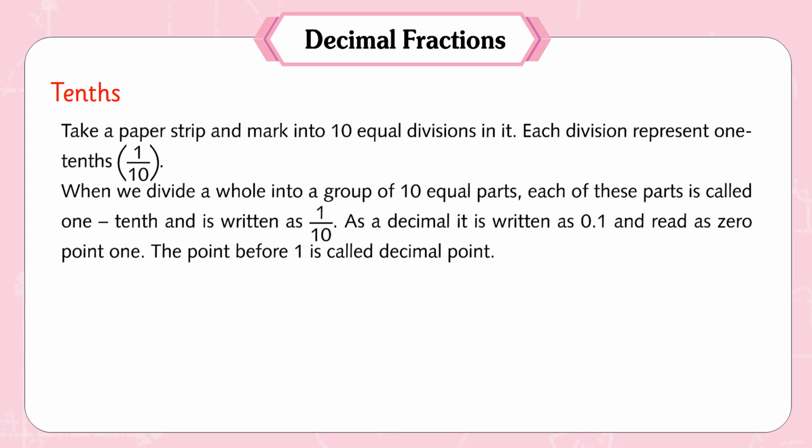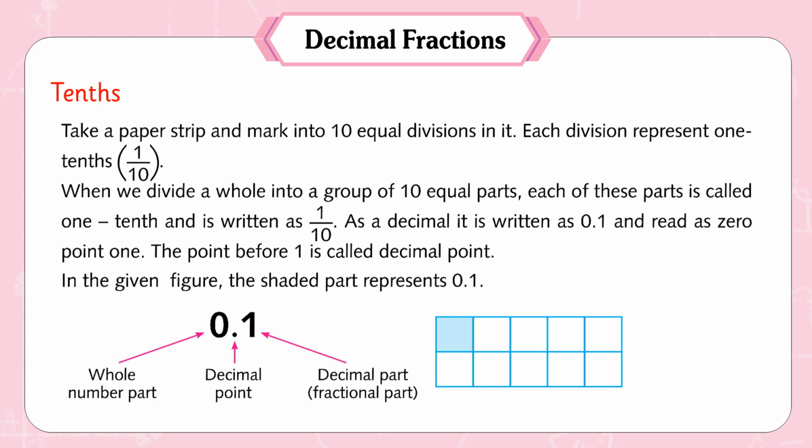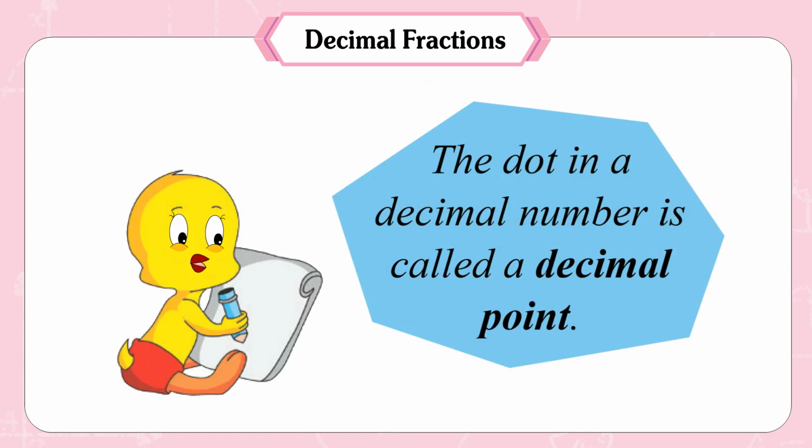The point before 1 is called the decimal point. In the given figure, the shaded part represents 0.1. Whole number part, decimal point, decimal part, fractional part. The dot in a decimal number is called a decimal point.